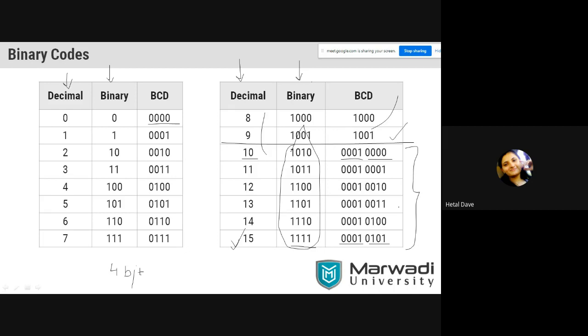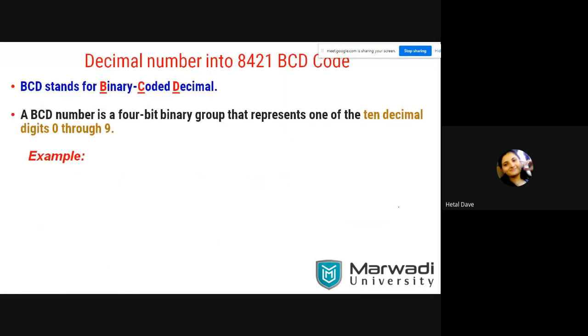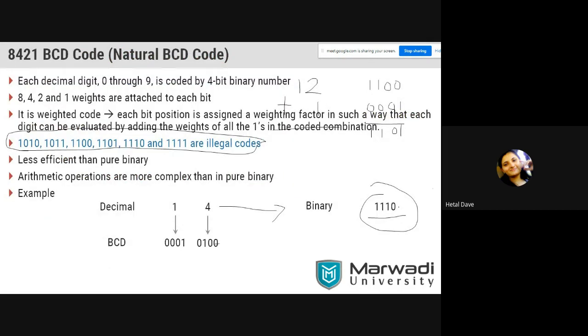BCD code is a 4-bit code, so actually a total of 16 combinations can occur. From the 16 combinations, 6 combinations cannot be used in BCD. That's why 1010, 1011, 1100, 1101, 1110, and 1111 are illegal combinations in BCD.